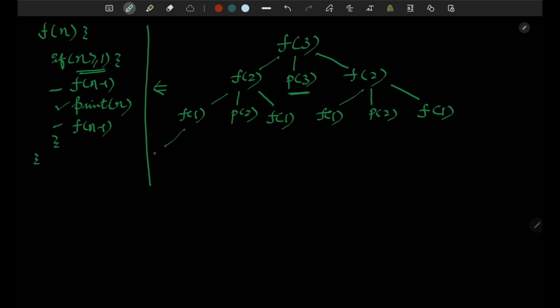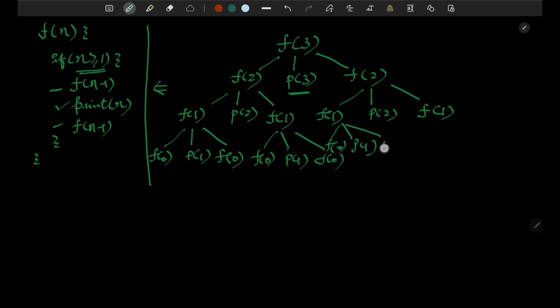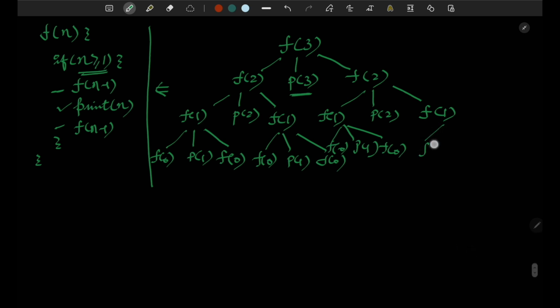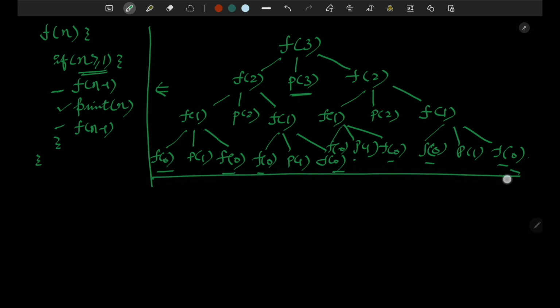Now f of 1 is going to call f of 0, print 1, and call f of 0, and so on for each f of 1. And when it hits 0, that is where we stop the recursive calling, and this is where all this tree stops.